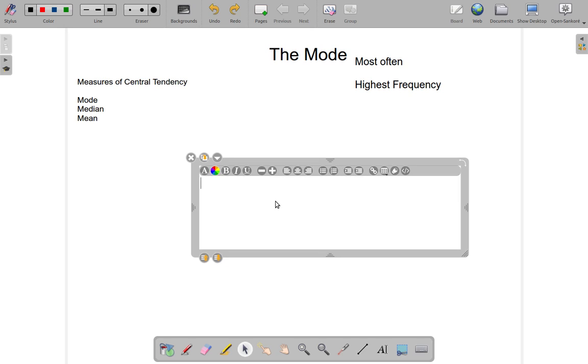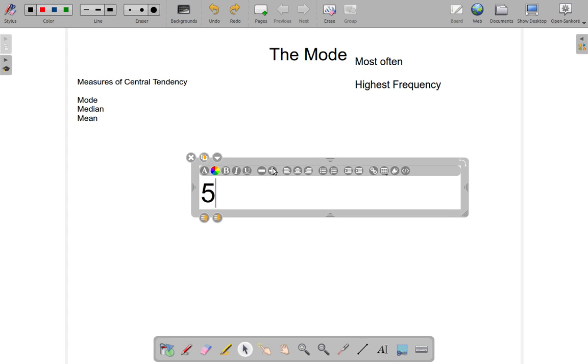We have 5. I want my numbers to be a bit larger. 2, 17, 15, 8.